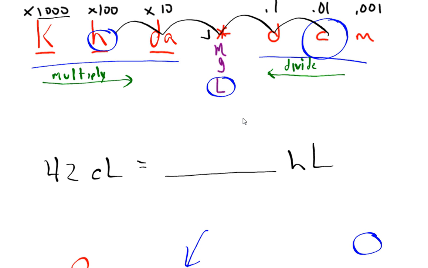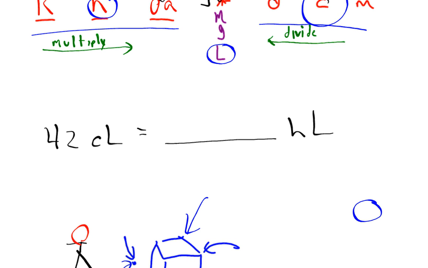So we're dividing. The number's going to get a lot smaller. If you want to do it this way, 4 spaces is what? 4 zeros is 10,000. So you could divide 42 by 10,000 and you'd have the correct answer. However, the way I do this, and I think the easy way to do this, is to take this 42. Where's the decimal go? It goes right there. And we're going to move 4 places to the left. 1, 2, 3, 4.